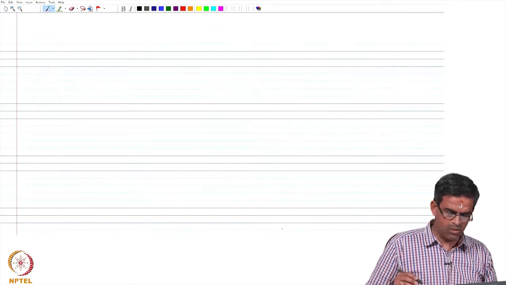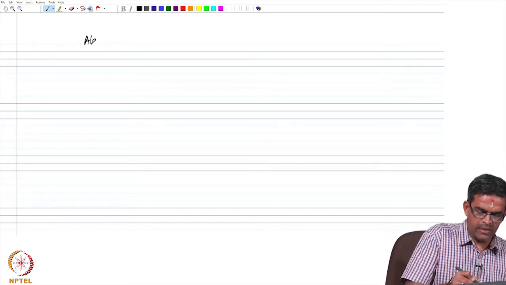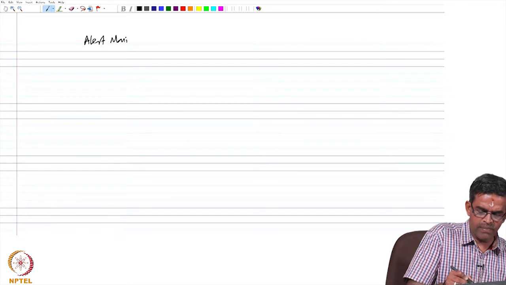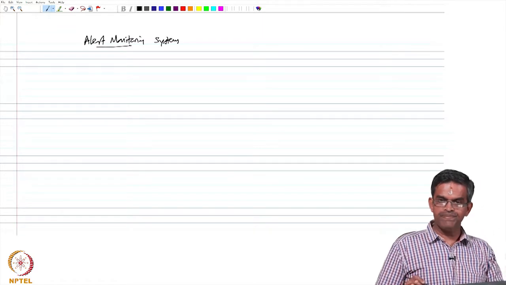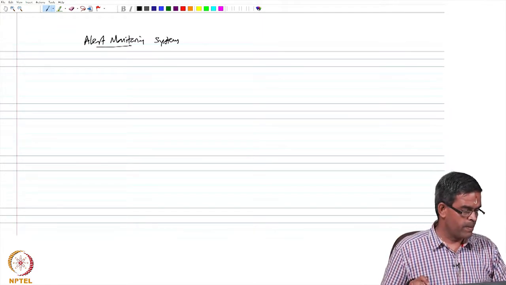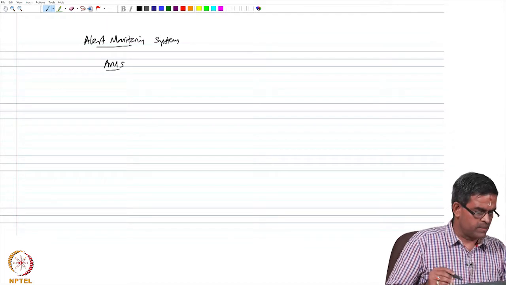Let us discuss about this now. So, we are now entering into a design of alert monitoring system, which is the part of the SHM in case of design 2. The alert monitoring system has many advantages.